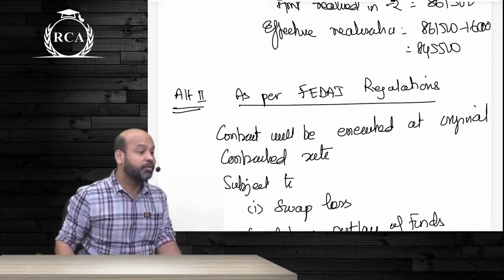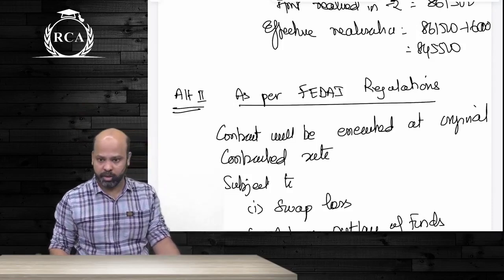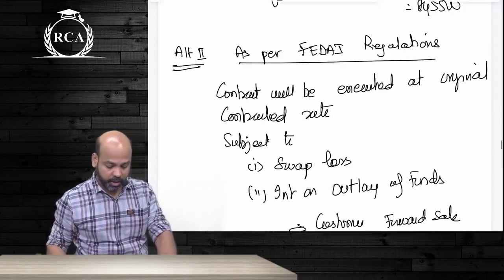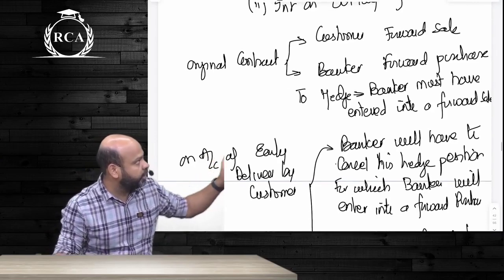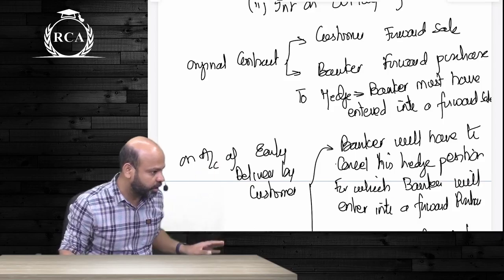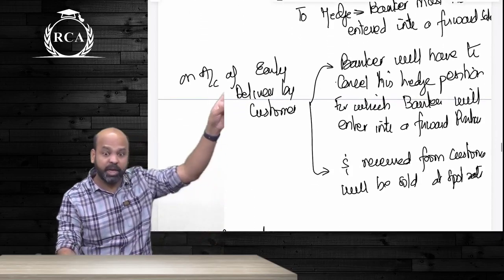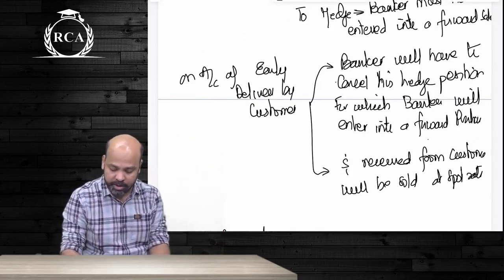To cancel his forward sale contract, the banker will enter into a forward purchase contract. Because of you, he is entering into a new forward purchase contract. I repeat, guys: customer original contract, customer forward sale, banker forward purchase. To hedge himself, the banker has entered into a forward sale contract. Because you are going to him before the due date, the banker will have to cancel his forward sale contract, for which he is entering into a forward purchase contract.